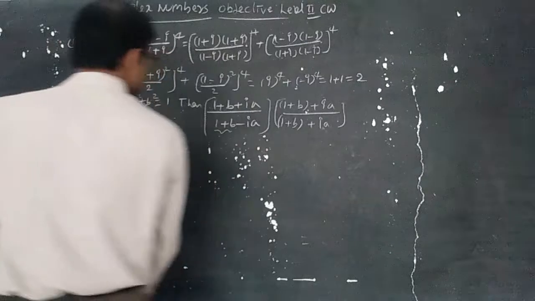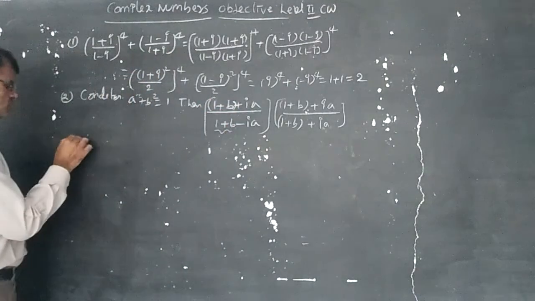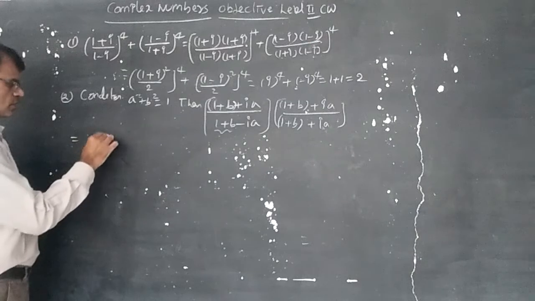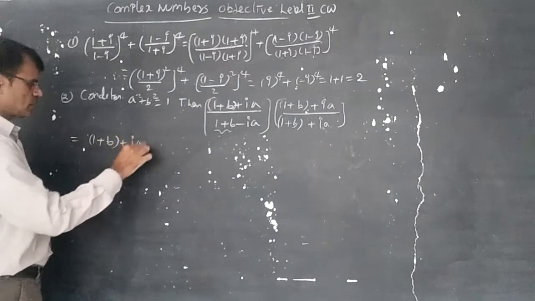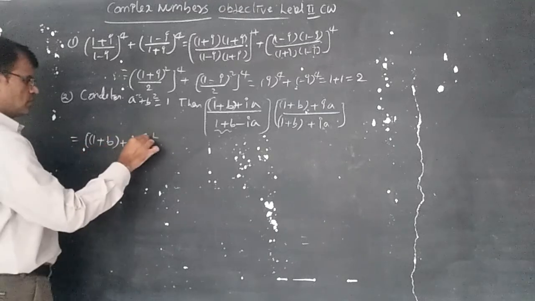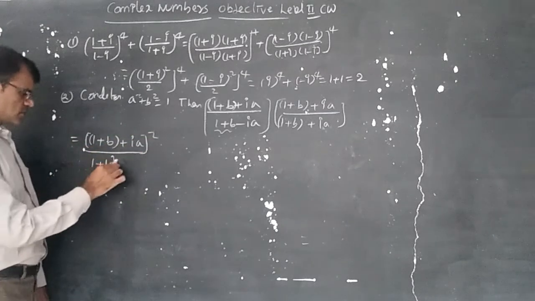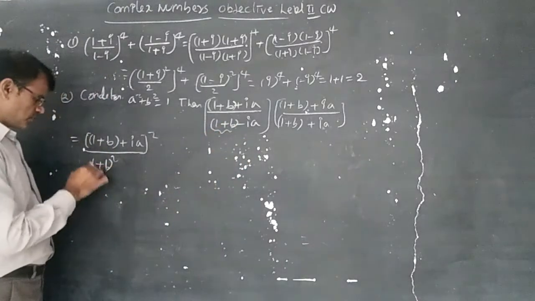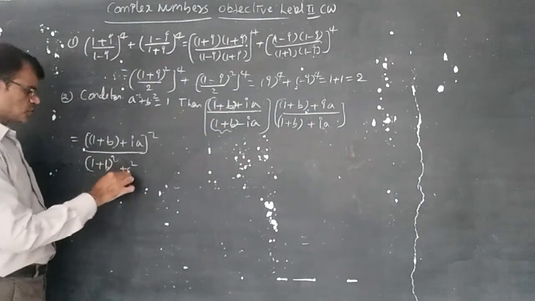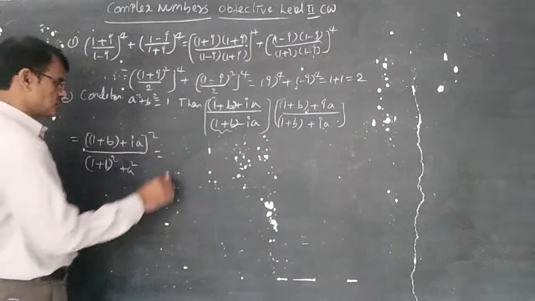That is equal to, this is of the form like this, 1 plus b whole square. So completely you can understand here (1 plus b plus ia) total whole square by denominator, (a plus b) into (a minus b) concept. So (1 plus b) whole square plus a square, the formula a square plus b square.